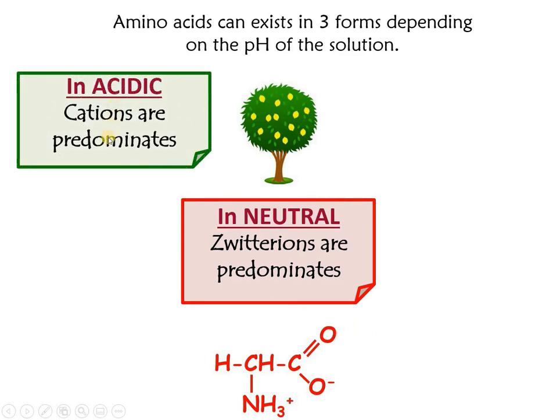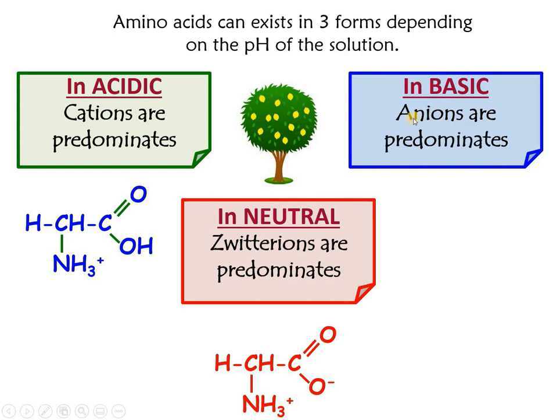In acidic form, cations are predominant. Okay, now we have only the positive charge. And in basic form, anions are predominant. We have only the negative charge.